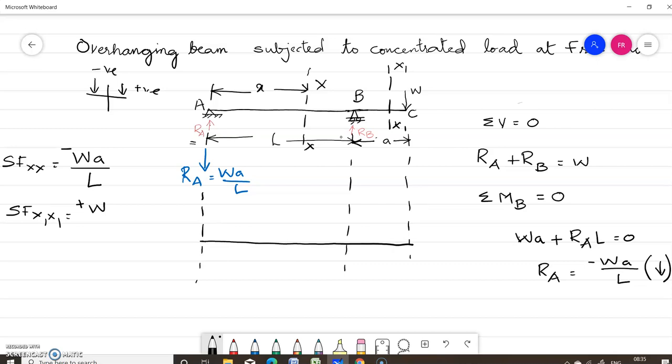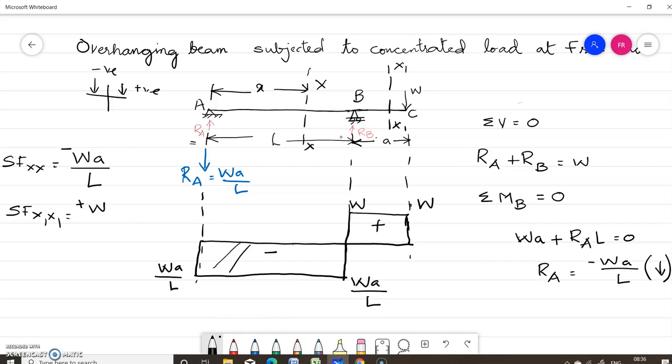Left downwards, it is minus Wa by L. Now this remains constant up to the support B, and here it is right downwards, so it is positive W. So this is Wa by L, and here this is W, and this is positive and this is negative.